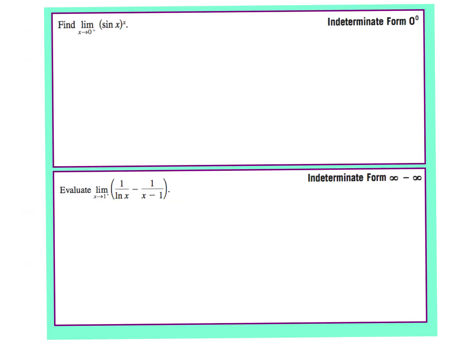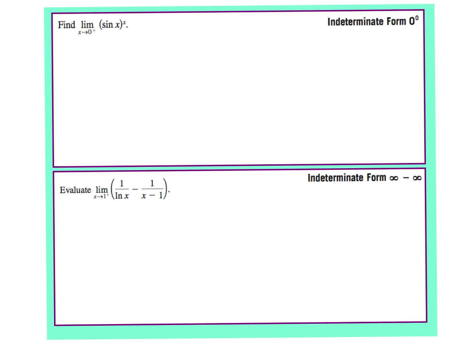All right, so this next one we have the limit as x approaches 0 from the right of sine x to the power of x. So again, if it's to the power of, we need to use our new rule pretty much. How do we get that power down? We need to natural log both sides.